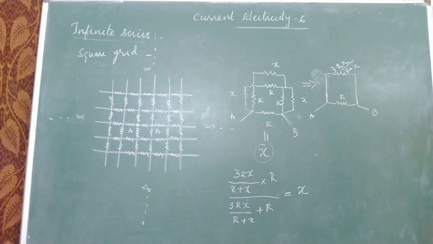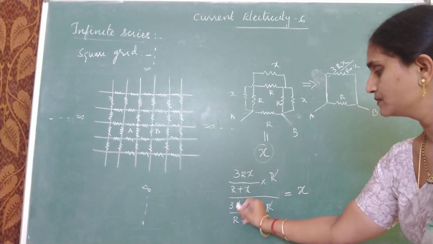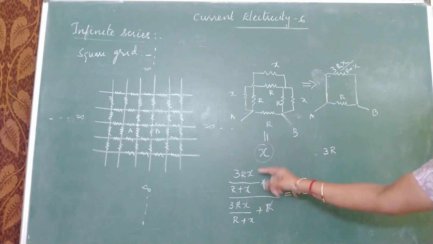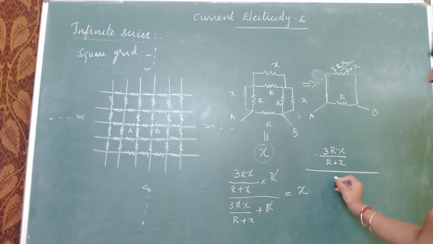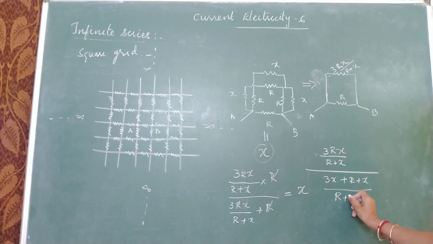Same as X. Take LCM, the R I will cancel throughout. If you take LCM, 3Rx by R plus X in numerator divided by 3X into 3X plus 1 into R plus X will become R plus X divided by R plus X should be equal to X.